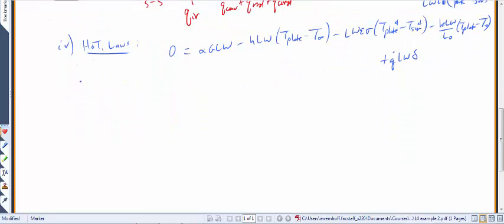So what this allows us to do is to solve it in terms of delta. And we can recognize that each term in this equation has an L times W, which means that they can all cancel out.